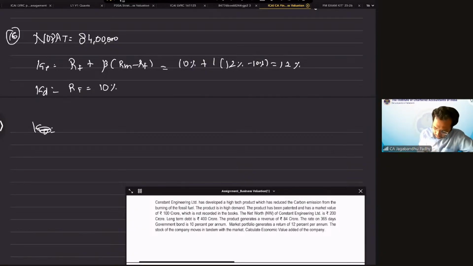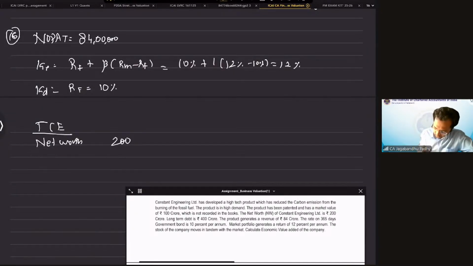So for KO, I need to first look at what is the total capital employed. Total capital employed is going to be net worth plus long-term debt. So we have a net worth of 200, long-term debt of 400.